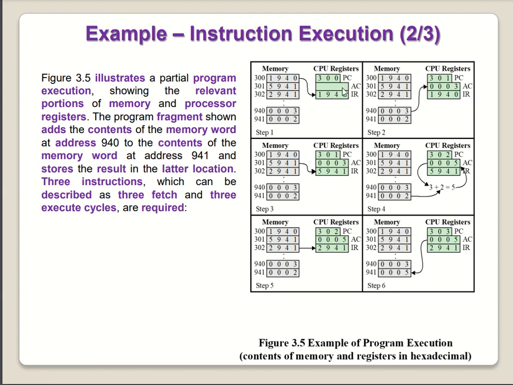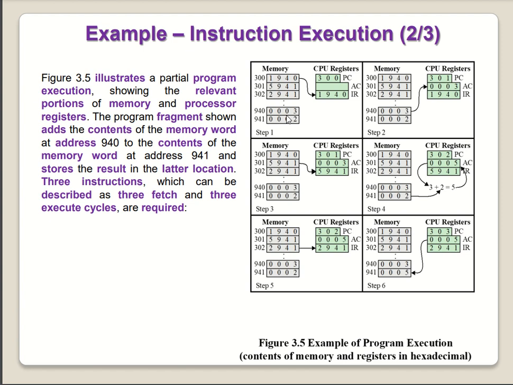And the CPU registers, in the previous slides, we saw a few registers: PC, IR, AC. PC contains the address of the instruction to be executed next. IR holds the fetched instruction. AC is for temporary storage. So now let's see the first square box, called step 1 in this figure.